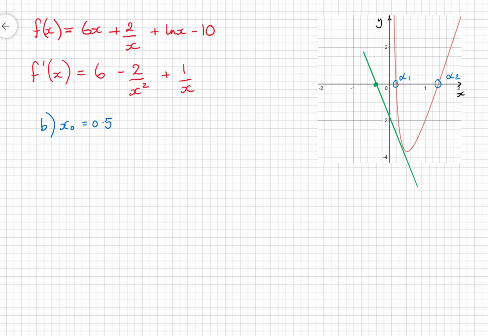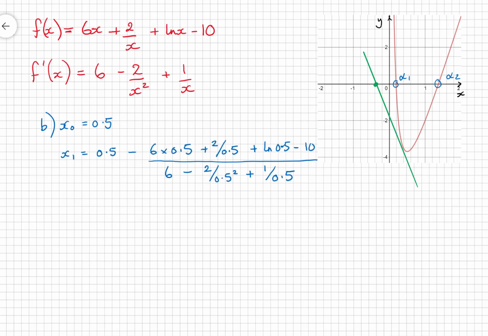So we come to our second starting value, which is 0.5. And if we proceed as before and begin to enter this into the Newton-Raphson relationship, we will get that x1 is equal to, and you'll see that I've simply replaced all the 0.4s that we had in part A with 0.5.